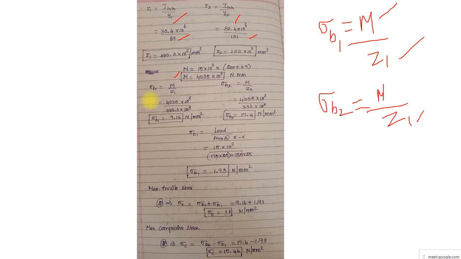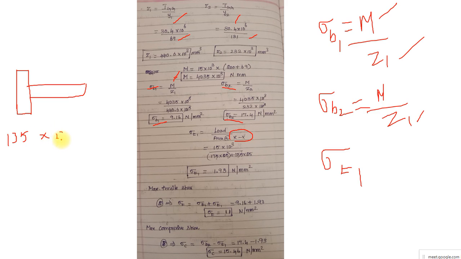So the moment is known, and Z1 is known, so I can find out sigma B1 and sigma B2, since I know the bending moment value and the section modulus value. Now sigma B1 will be known and sigma B2 will be known. What I still need to know is only sigma T1. To find this sigma T1, load by area: at section XX, what cross section do I have? I am having a T cross section. To find the area of this T cross section, I do 135 × 25 plus 175 × 25. So this is the cross section area at XX, because at XX I have the T cross section.